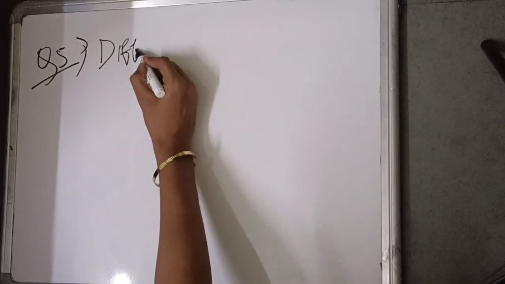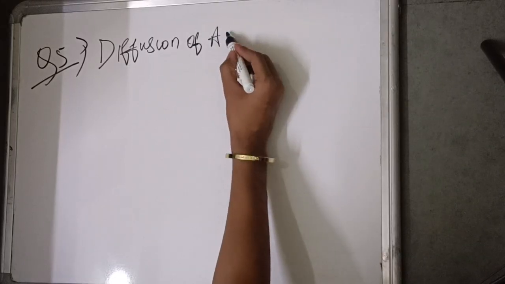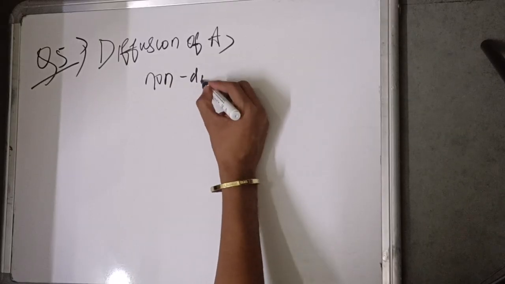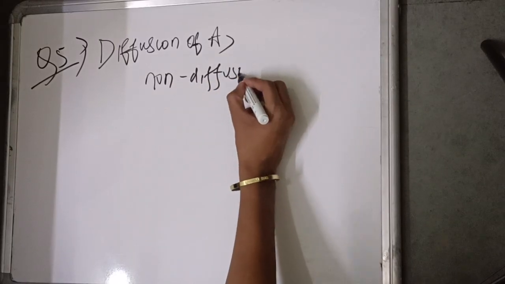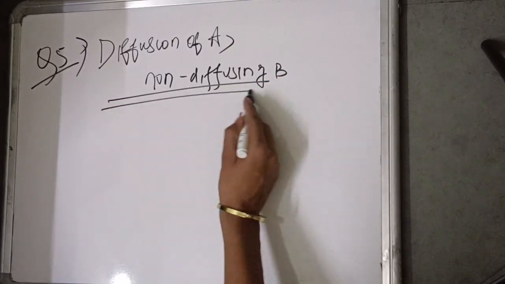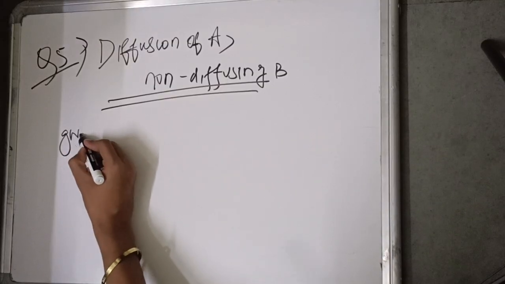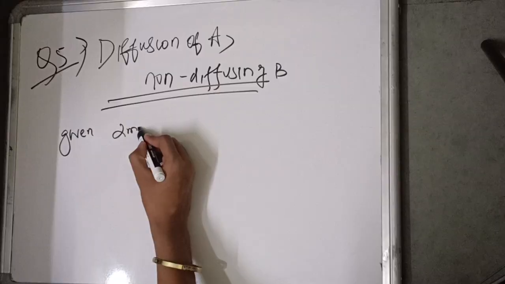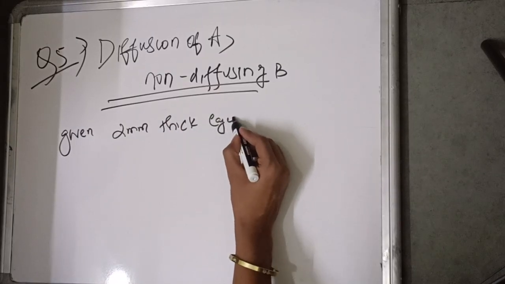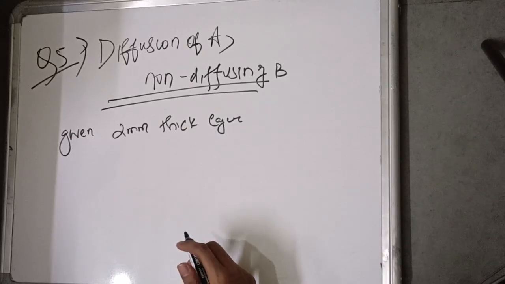It states that diffusion of A through non-diffusing B. A 2 mm thick layer of water on the floor of a room.